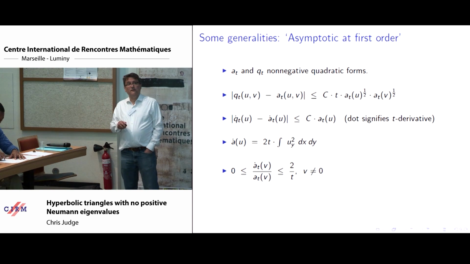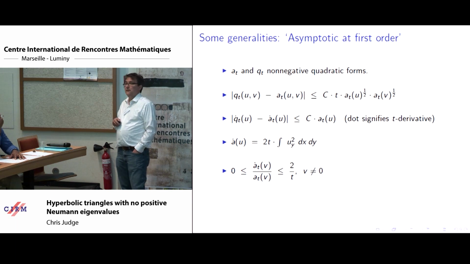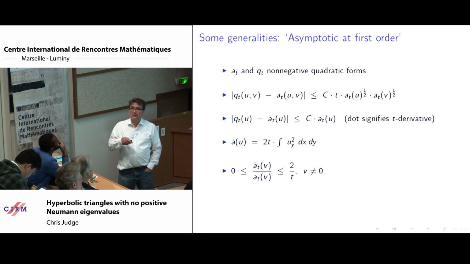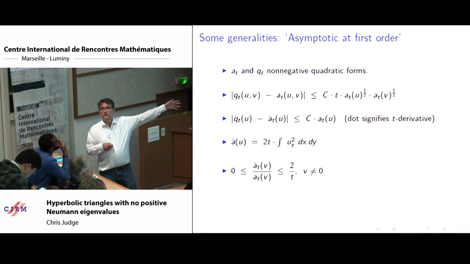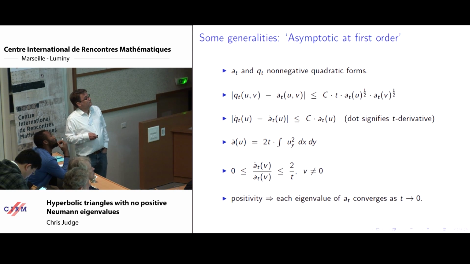So this is a nice feature in this particular case. So the logarithmic derivative is bounded below and above. In particular, what this says is that we already know that the eigenvalue branches of AT will converge as t goes to 0, because A dot is positive.